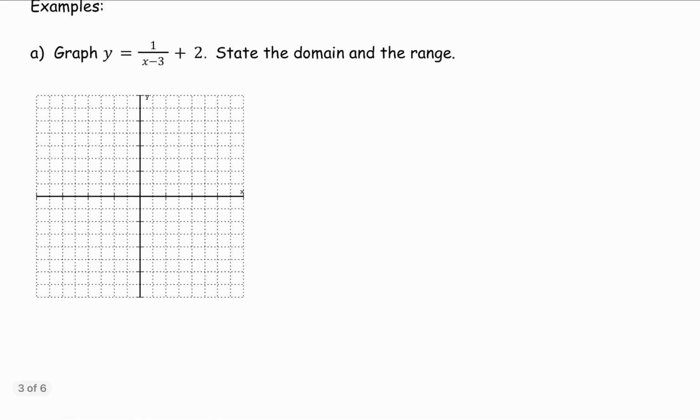So x equals 3, y equals 2. Those are our asymptotes, so we'll put that on our graph. x equals 3 is our vertical asymptote, so we'll put that right here. I guess the arrows are unnecessary.